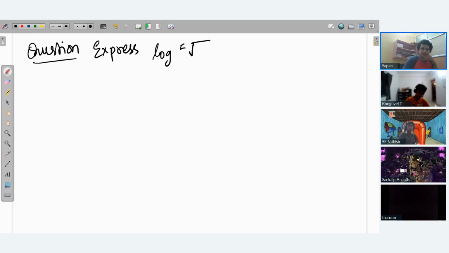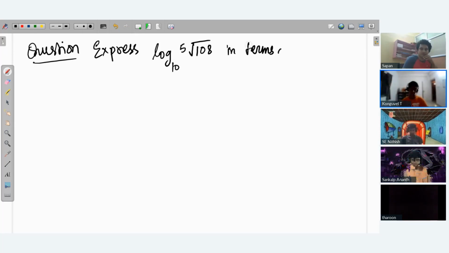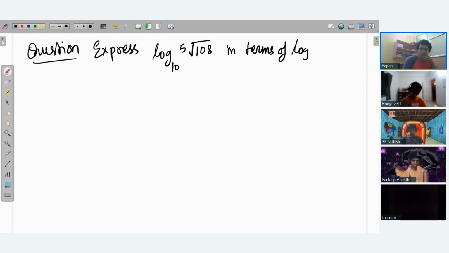Express the log of the fifth root of 108 on base 10 in terms of log 2 on base 10 and log 3 on base 10.